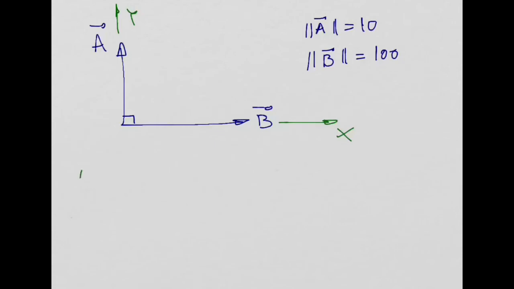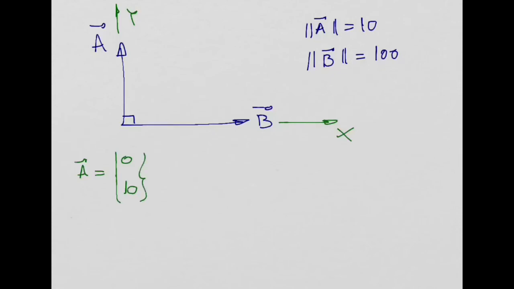This is a 2D analysis. Vector A only has a component in the y direction. The component in the x direction is 0, and the component in the y direction is the norm of A, which is 10. This is my vector A.